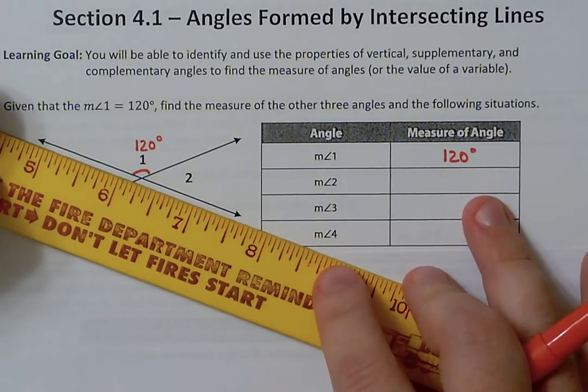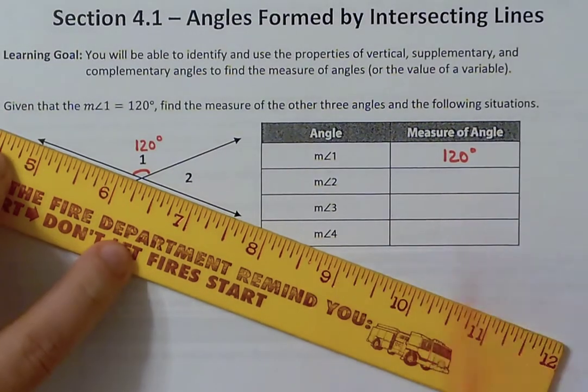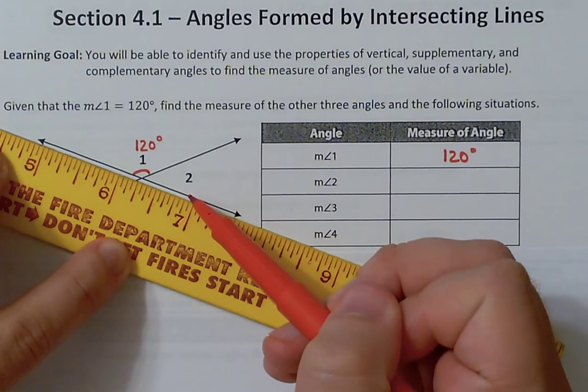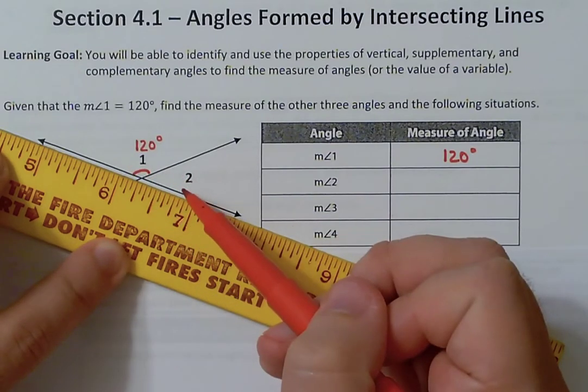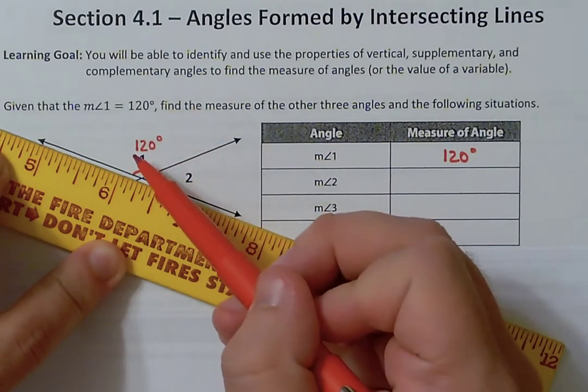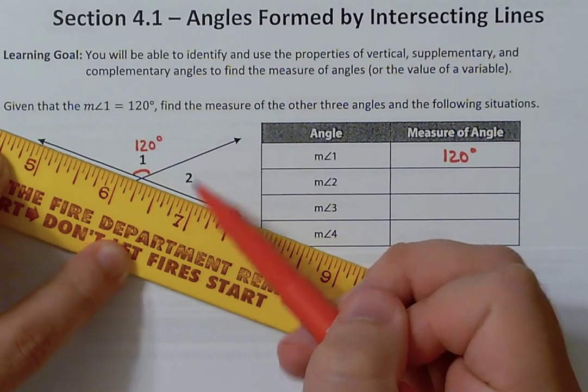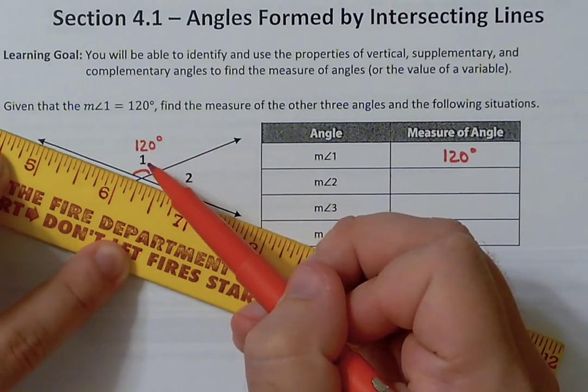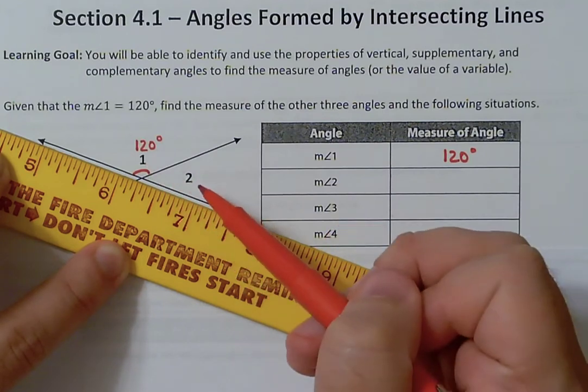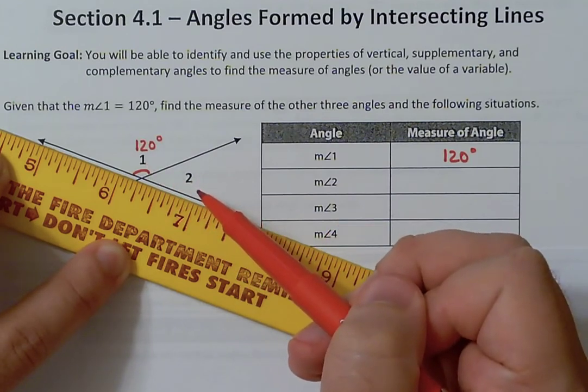If I ignore angles 3 and 4, angles 1 and 2 form a straight line. That means angles 1 plus 2 should equal 180. If I already know that angle 1 equals 120, then what should angle 2 be?